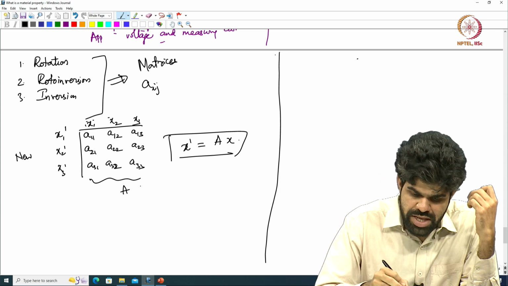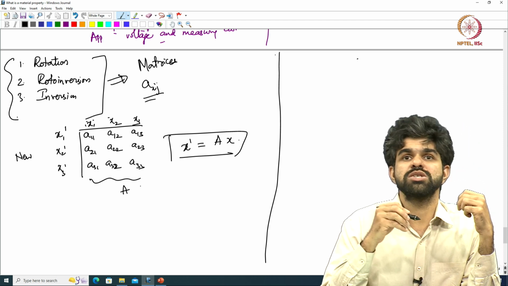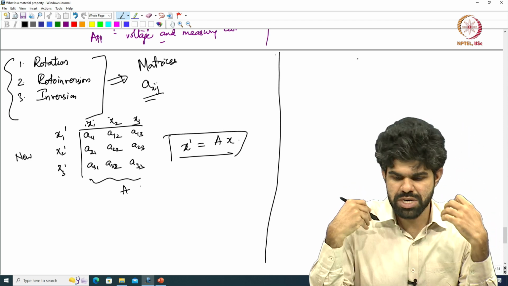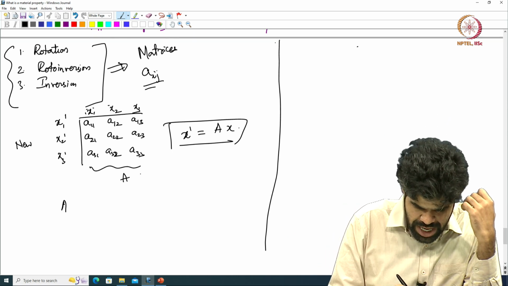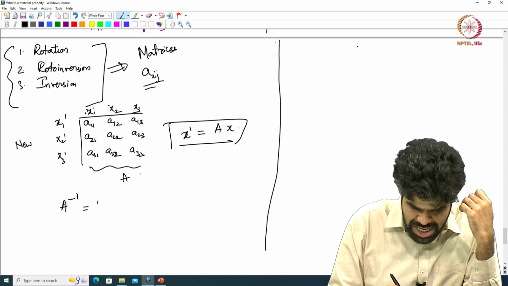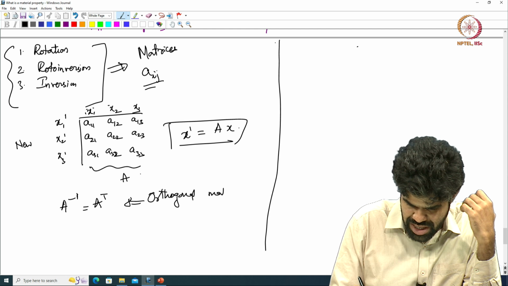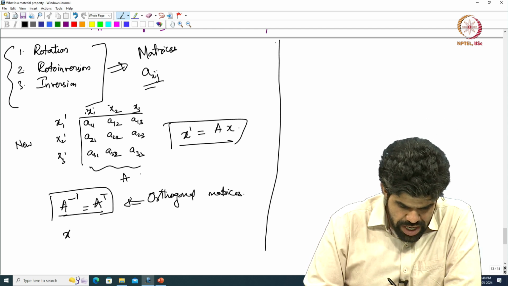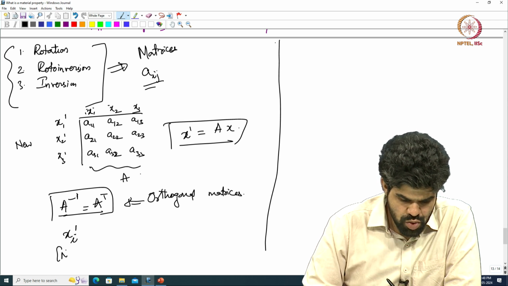All these things are matrices, and especially for these operations, rotation, roto inversion and inversion, these matrices have a certain property: A inverse is the same as A transpose, or these are what are called orthogonal matrices. In other words, if I look at xi dash, these are the new coordinates.